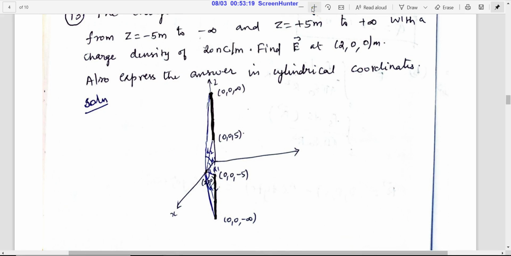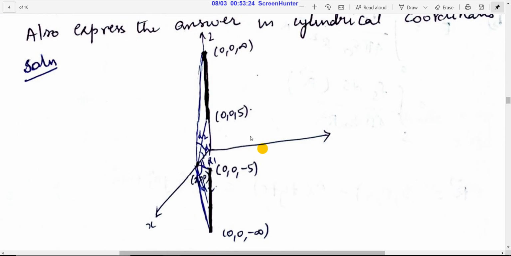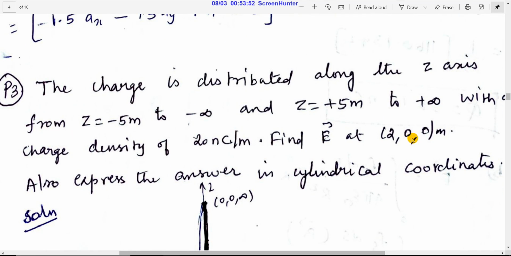Here you notice the charge densities from 5 to infinity and minus 5 to minus infinity are drawn. You have to draw the projection lines from the two ends of the charge densities to the point on the x-axis, because we have been asked to find E vector at (2, 0, 0).